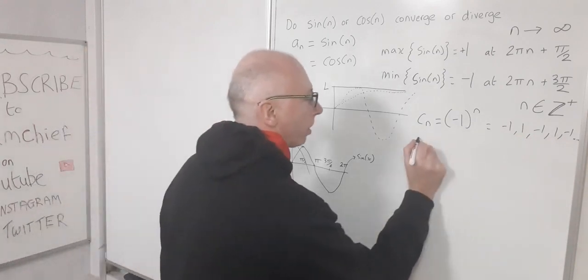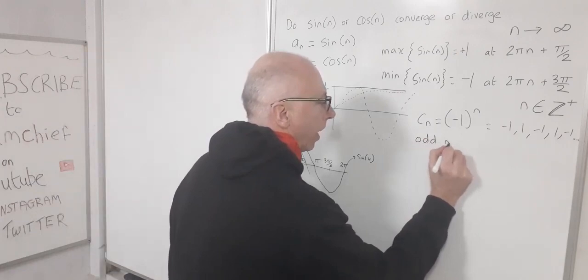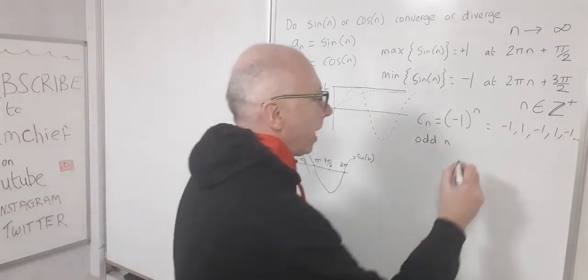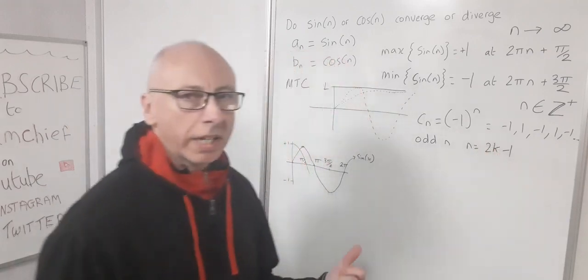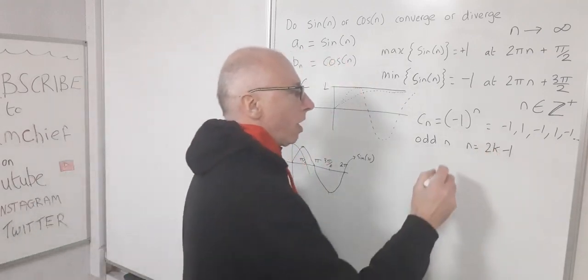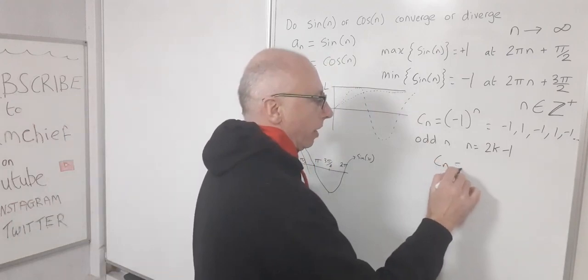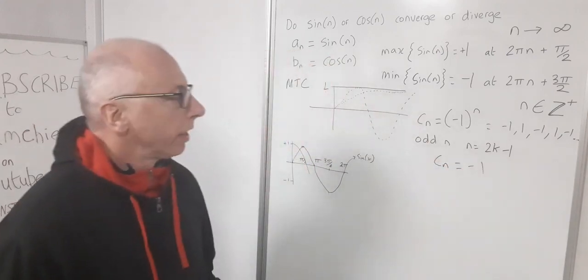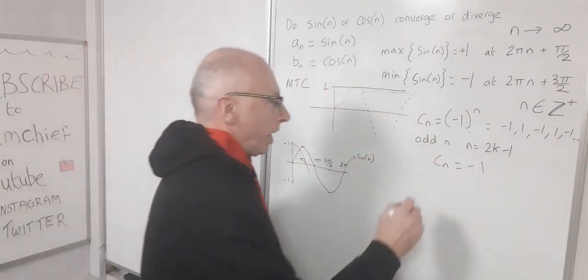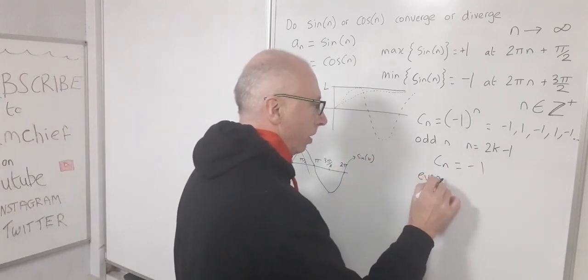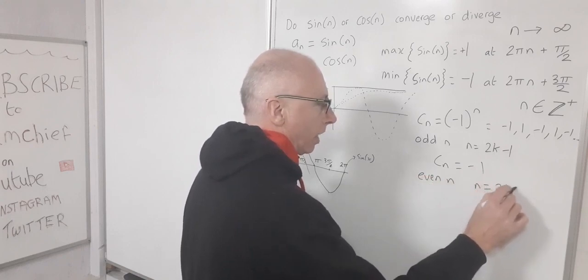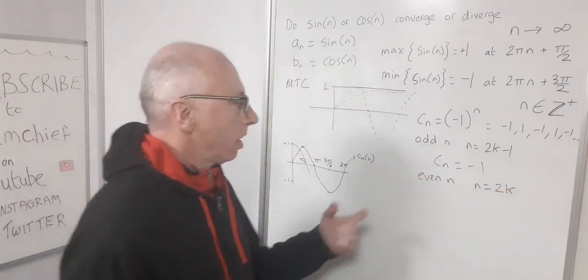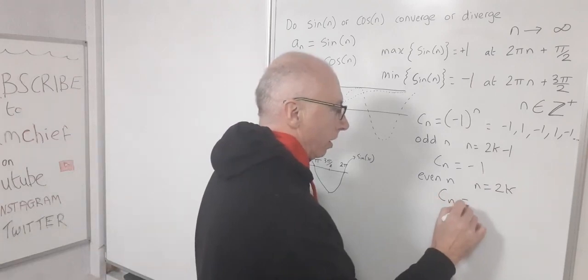So for odd values of n, when n equals 2k minus 1, where k is an integer, c of n equals minus 1. Now for even values of n, that is when n equals 2k, the even numbers, c of n equals 1.